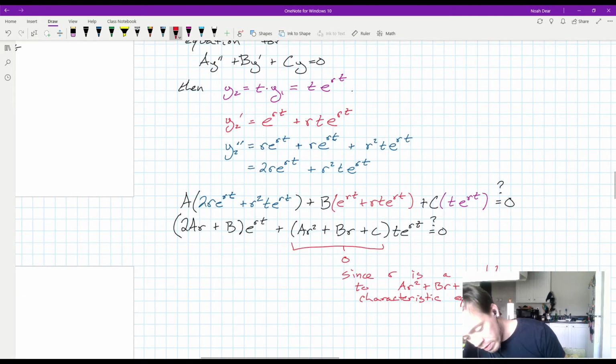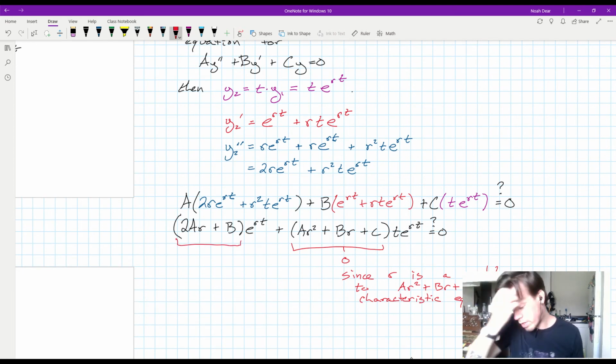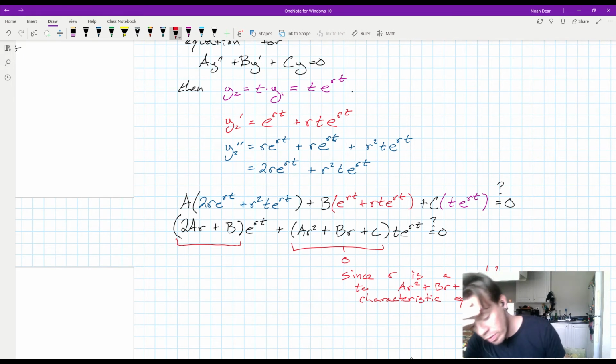Now, the harder part is to find out why this equals 0, because this does work, so this should equal 0 somehow. So how we note this is in the following way.